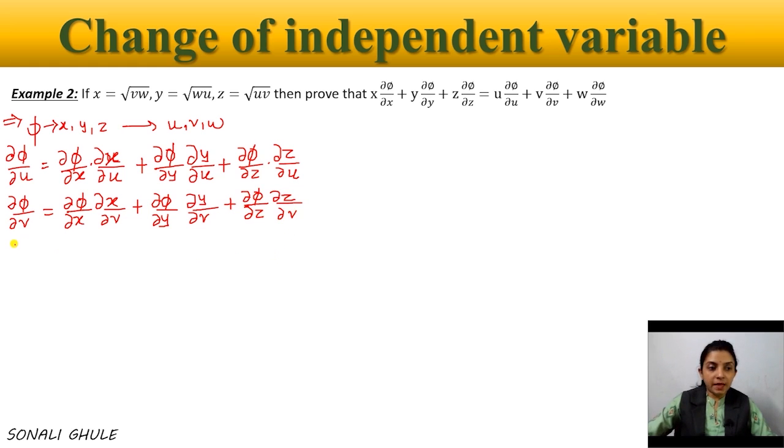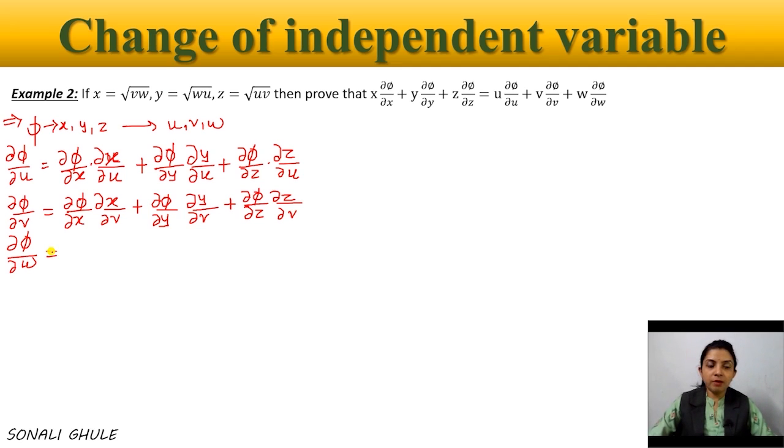Okay, and third one, phi with respect to w. So what can I write here? Dou phi upon dou w. All these are partial derivatives because the dependency is on more than one variable. Okay.